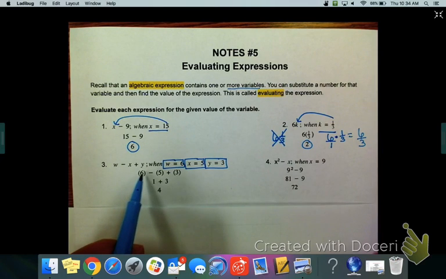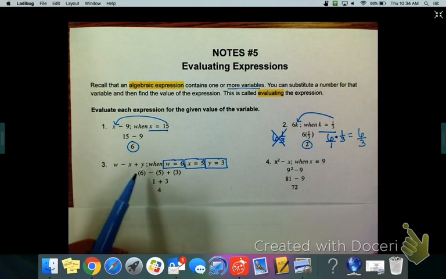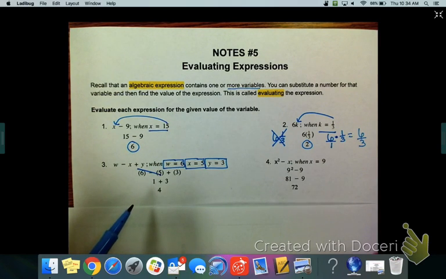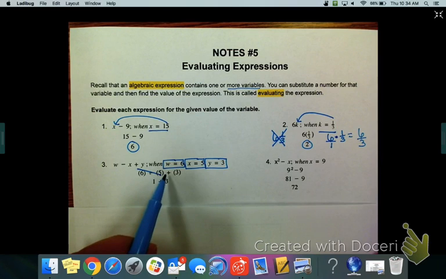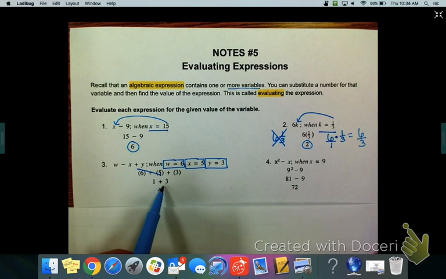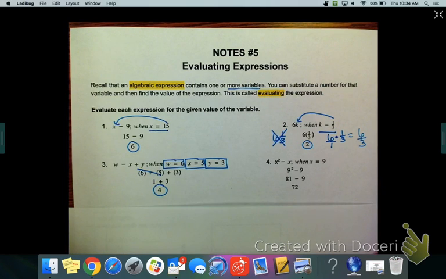You could just write 6 minus 5 plus 3. I'm ready to follow order of operations. I have to subtract first because it comes first in the problem between a subtraction and addition. So 6 minus 5 is 1, and then I just have to add the 3. 1 plus 3 is 4. So when I evaluated this expression, my answer is 4.